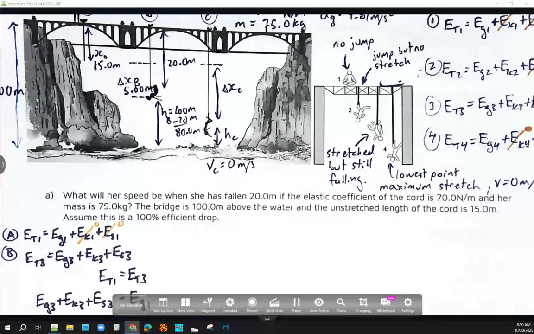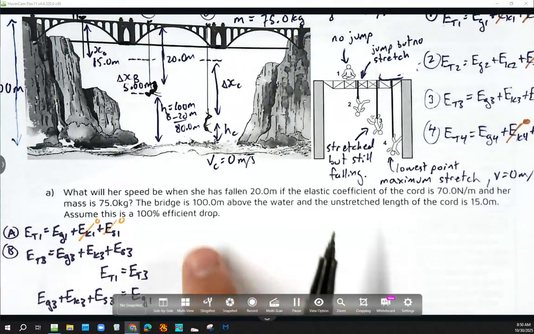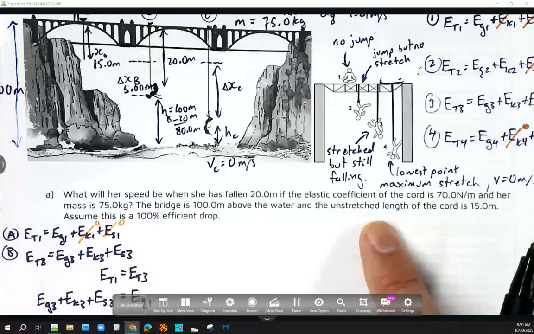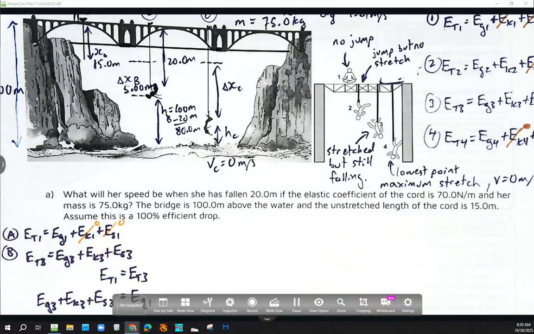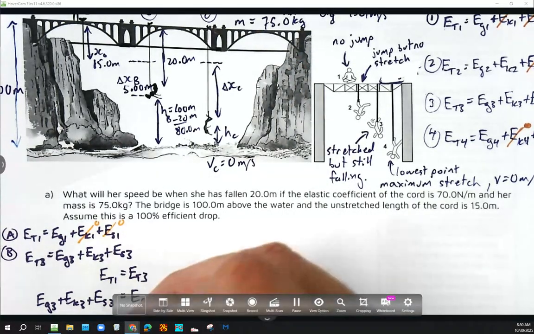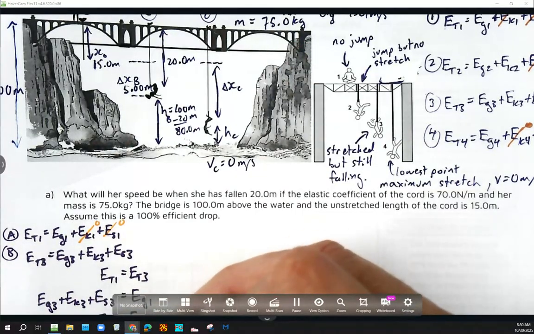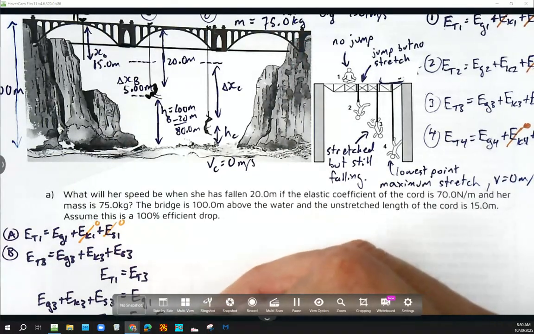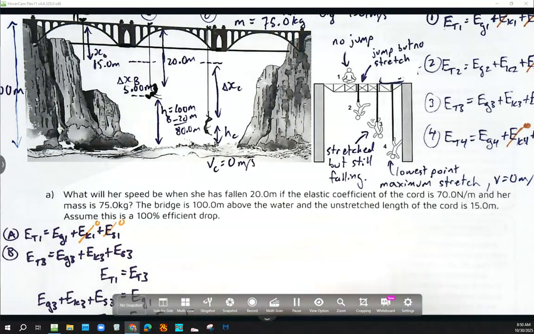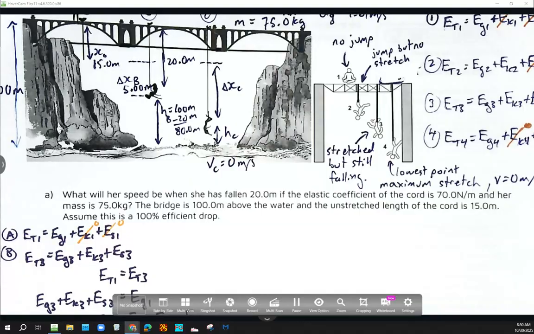And what are we trying to find again? We're trying to find her speed, so we're trying to get kinetic energy 3 all by itself. So EK3 equals EG1 minus EG3 minus ES3. We can expand this thing out.